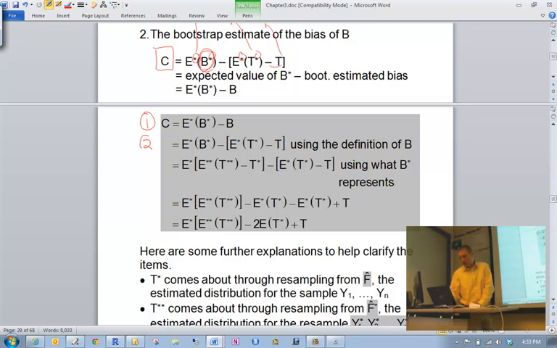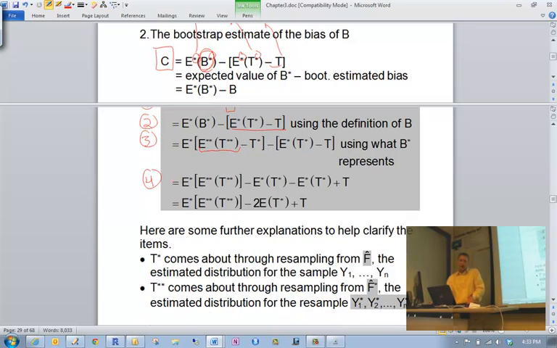Step 2, let's put in what B actually is. Expected value star, T star minus T. Step 3, let's replace B star with what it is. Expected value star star, T star star, minus T star. Step 4, let's work with expectations like what we do normally. So I can bring this expectation inside there.